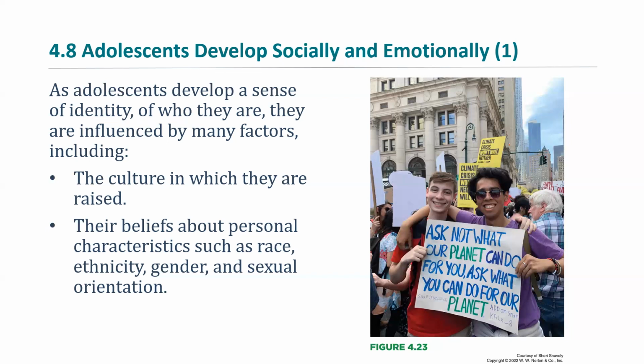Obviously, the identity that two people develop can be very different, based on what type of family they grew up in, their race and ethnicity, what part of the country they grew up in, what their parents are like. There are going to be a lot of cultural factors that affect what a person's identity is going to finally end up being.